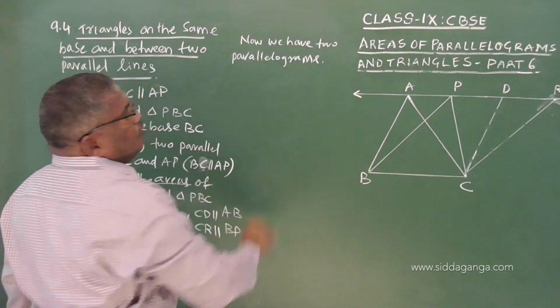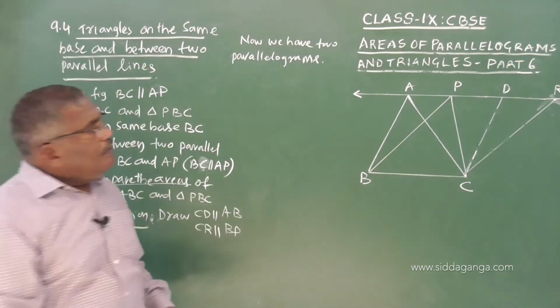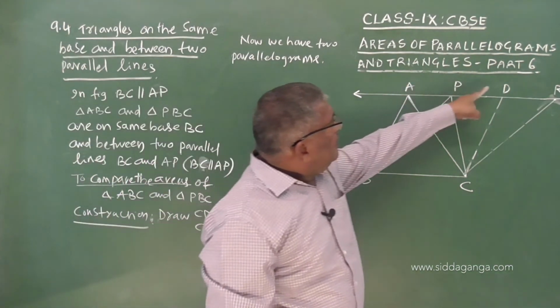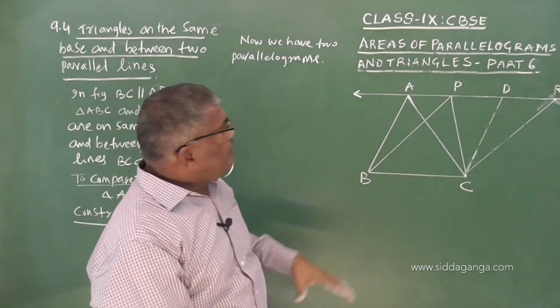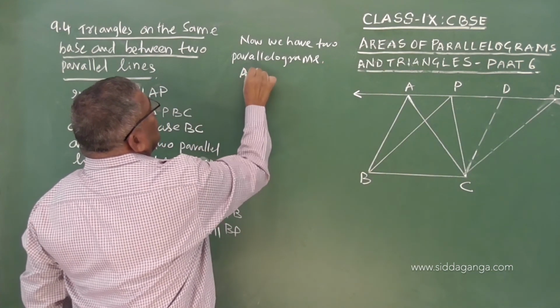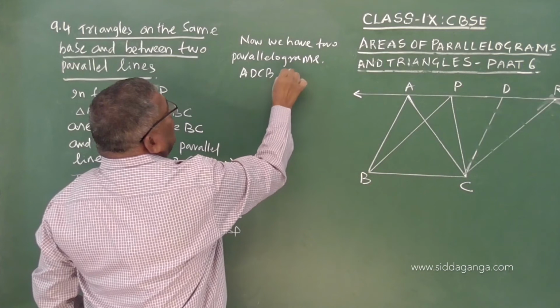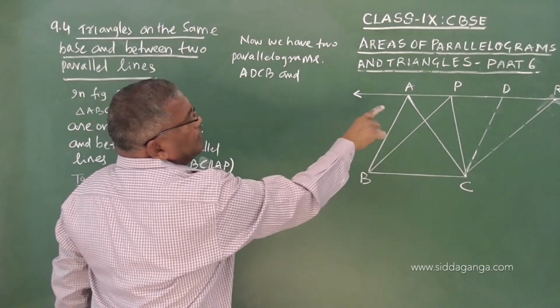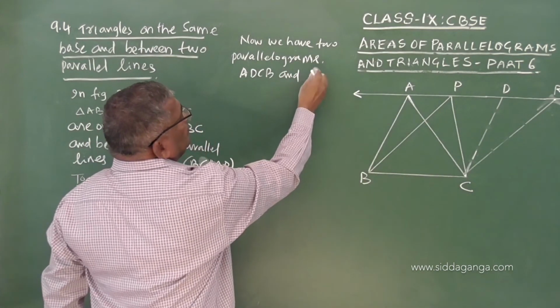So what are those two parallelograms? You can see ADCB and PRCB.